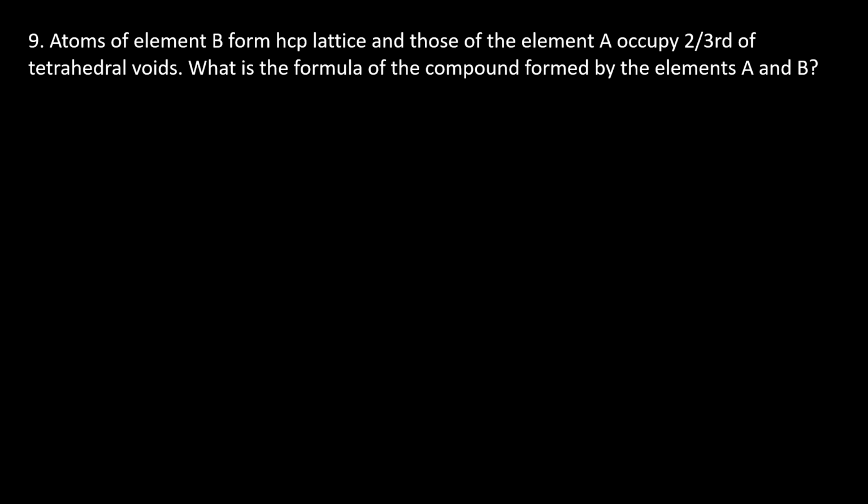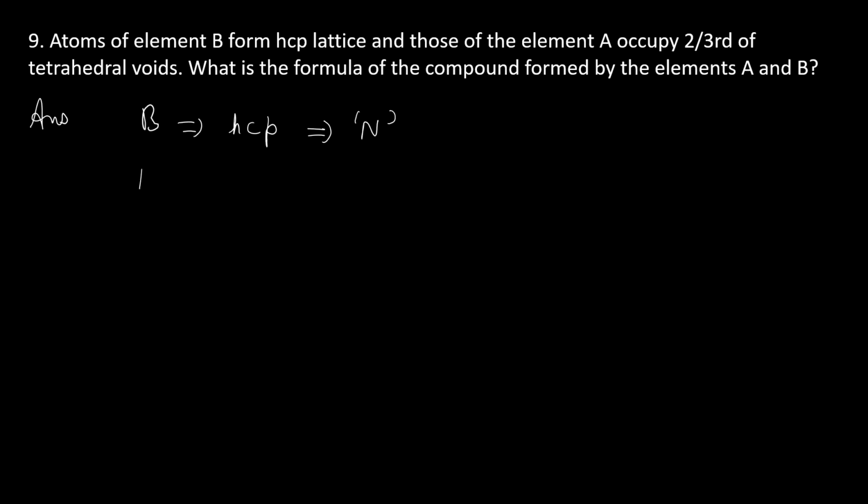Now next is atoms of element B form HCP lattice. Yes, the same type of question. B is forming HCP, meaning hexagonal close packing. It means these B atoms are involved in packing, right? So packing means let them be n. Since B atoms are involved in packing, the number of B atoms is n.